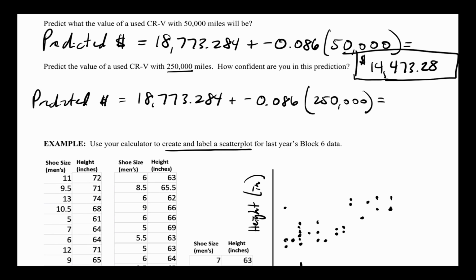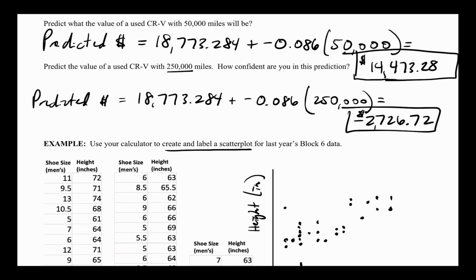So we're going to multiply these two first, and then add 18,773.284. And we get negative 2,726.72. That'll also be in dollars.